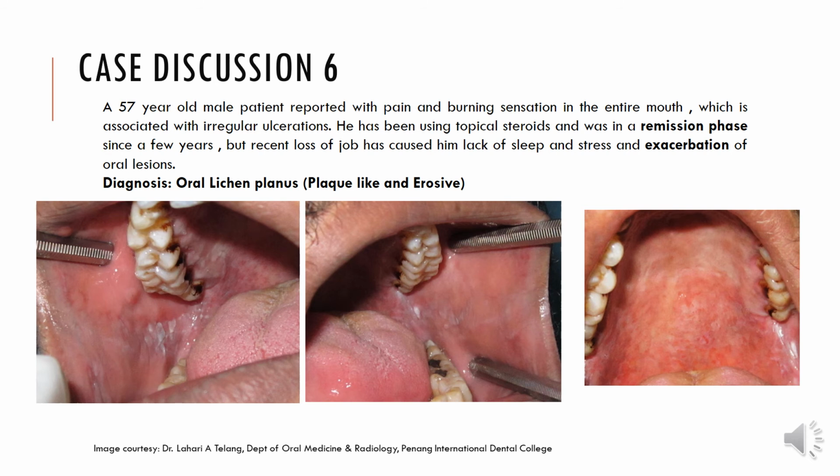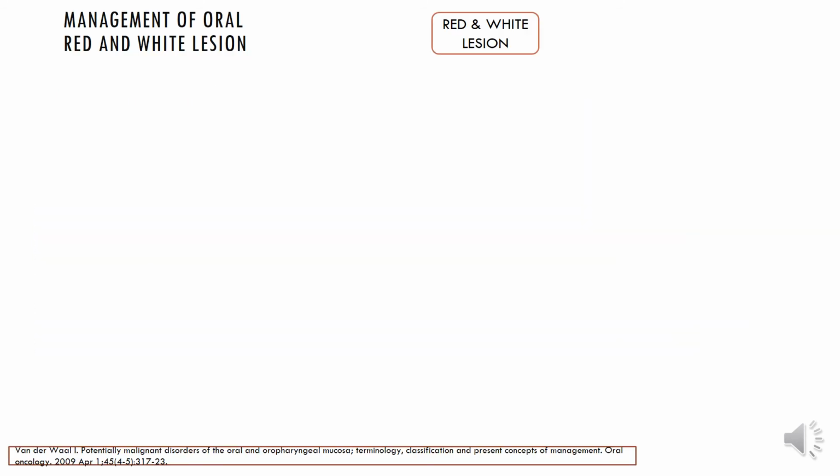So a patient with lichen planus could have multiple types of clinical appearances of lichen planus at one time. The choice of biopsy is generally the area that is most severely affected. So if you're seeing an erosion or an ulcer, you should include part of the erosion or ulcer and part of the normal mucosa as your area of biopsy. With this in mind, let us look at the management of red and white lesions.